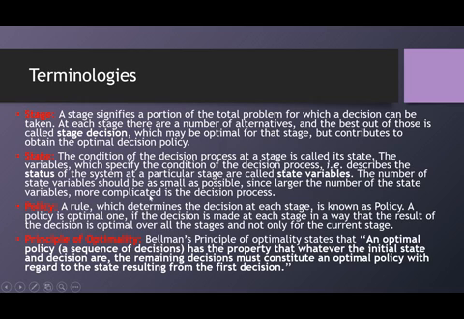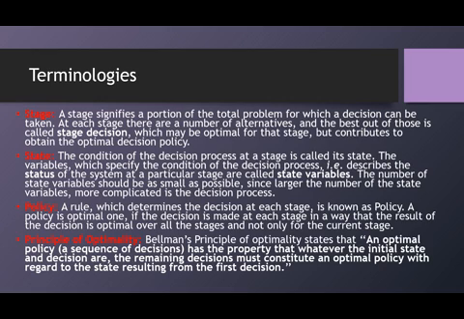Okay, the number of state variables should be as small as possible, because the larger the number of state variables, the more complicated the decision process. See, if you have fewer variables defining the state, then the decision process will be simple. If you have more variables, the possible interactions between the variables will be very high.